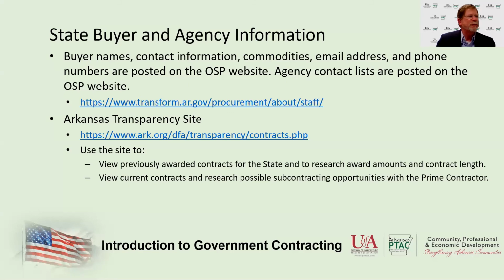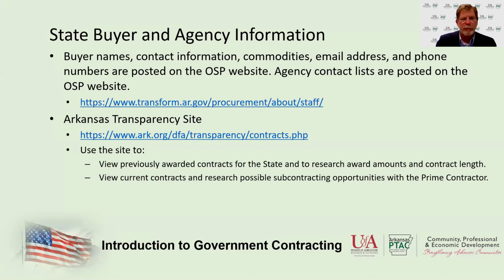Resources available to you. There are some resources according to the state. The state has a list of buyers for all the procurement agencies or all the procurement buyers. You also have a wonderful site called Arkansas Transparency. You can go look up state employee salary. That's always a fun one. But the more important thing is you can go and research contracts.